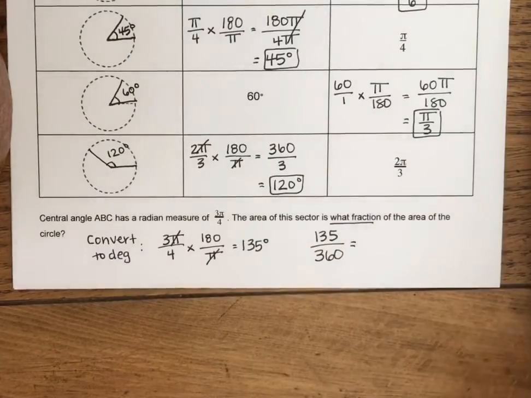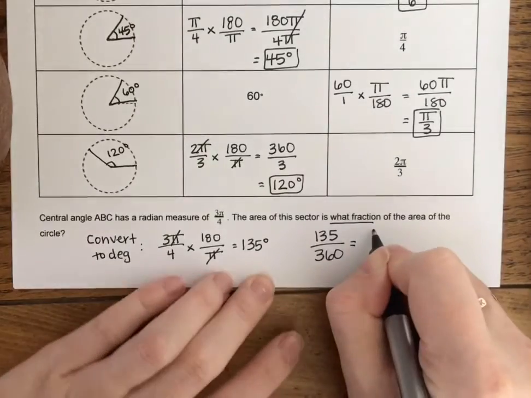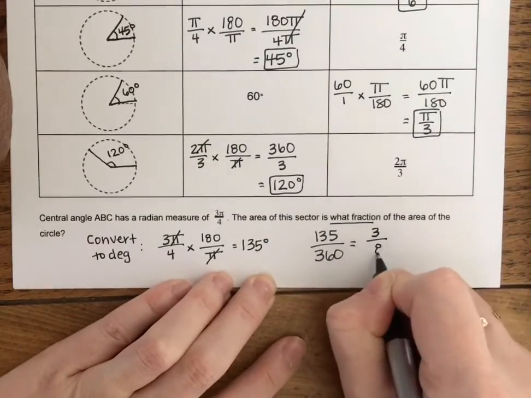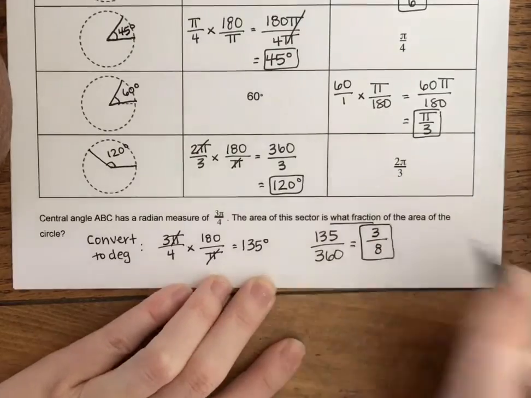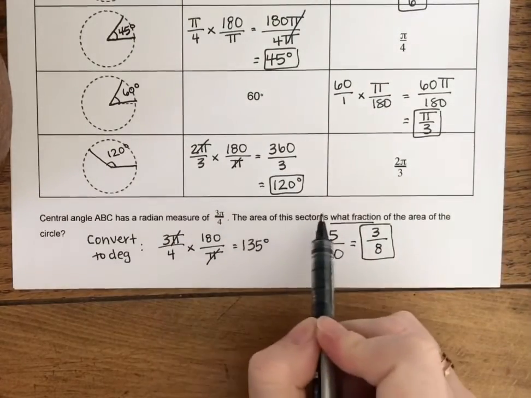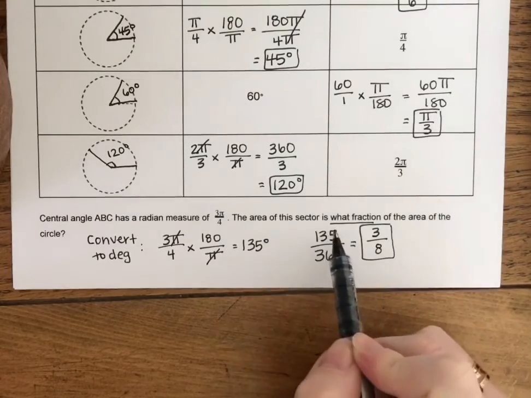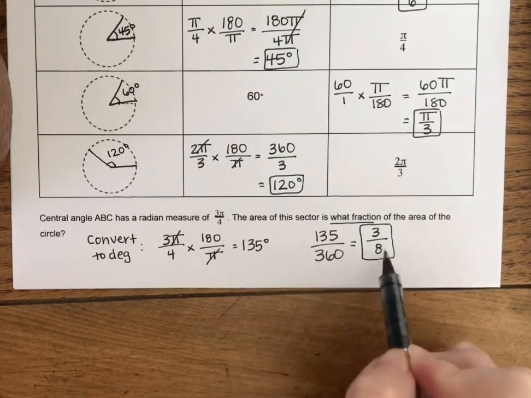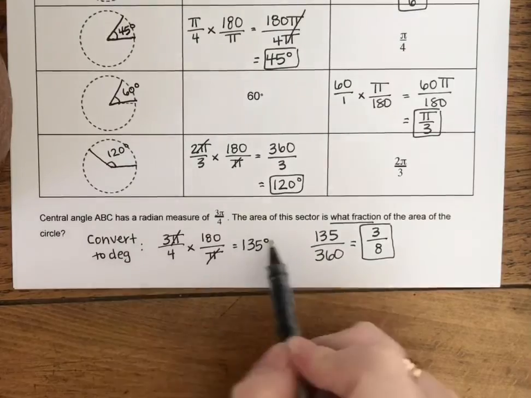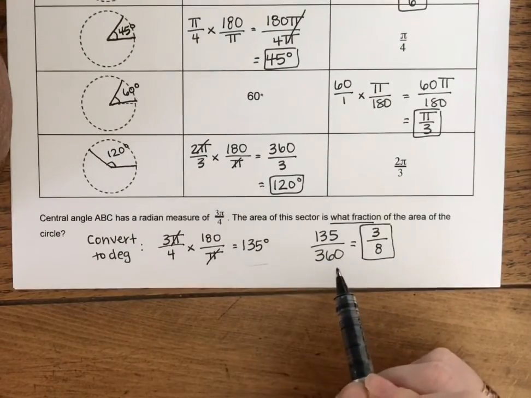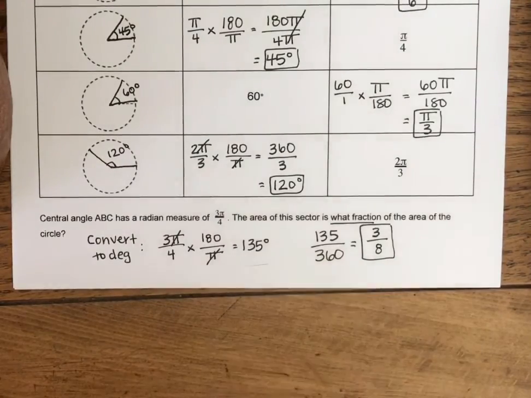So 135 out of 360 simplifies to 3 out of 8, okay? So even though it's talking about sector area, it would be the same fraction of the total area as the degrees out of the total degrees, okay? So convert it to degrees, and then we just have to simplify that fraction out of 360.